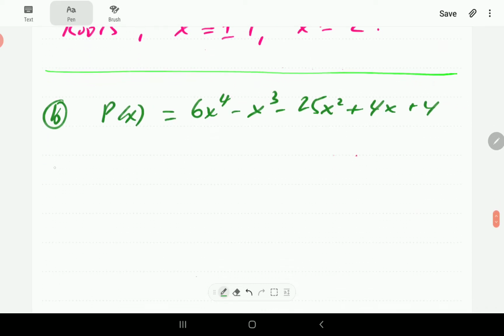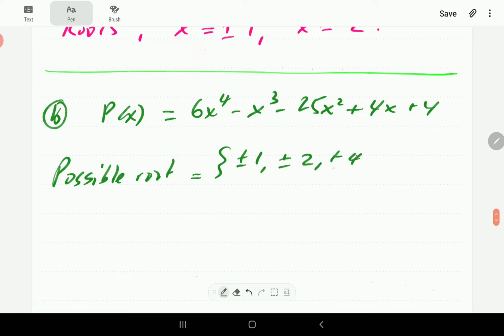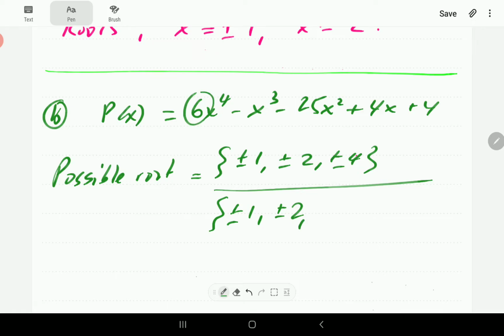Then the possible roots here, according to the rational root theorem, so these are possible rational roots. In the numerator, we're going to list all the factors of 4. In the denominator, we're going to list all the factors of 6, which is the coefficient of the leading term.